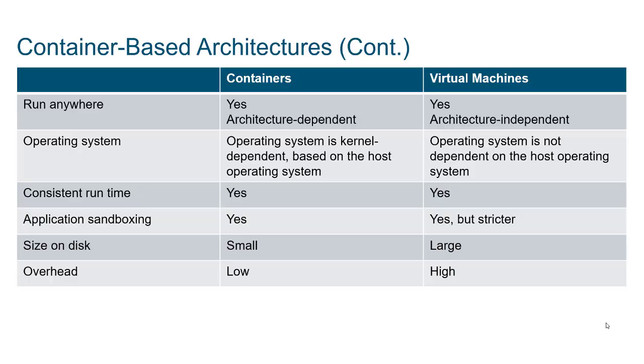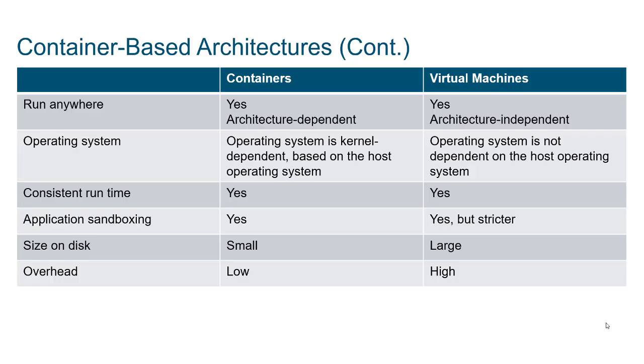If you further compare containers and virtual machines, they both can run anywhere. Containers are generally architecture dependent, which means that if your host operating system is 32-bit, then you will not be able to run 64-bit applications and vice versa, or there are some limitations. But as I said, you have everything inside.